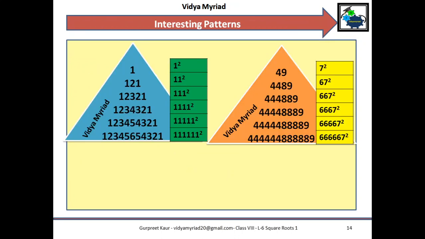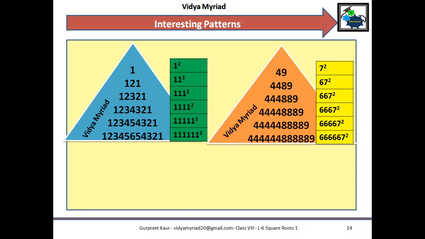Now, just see a very nice and interesting pattern of this, which is, look at the first blue pyramid, in this 1, 1, 2, 1, 1, 2, 3, 2, 1, 1, 2, 3, 4, and then backward, 1, 2, 3, 4, 5, and backward, 1, 2, 3, 4, 5, 6, and backward. Simply, it is in a form of 1 square, double 1 square, triple 1 square, 4 1 square.